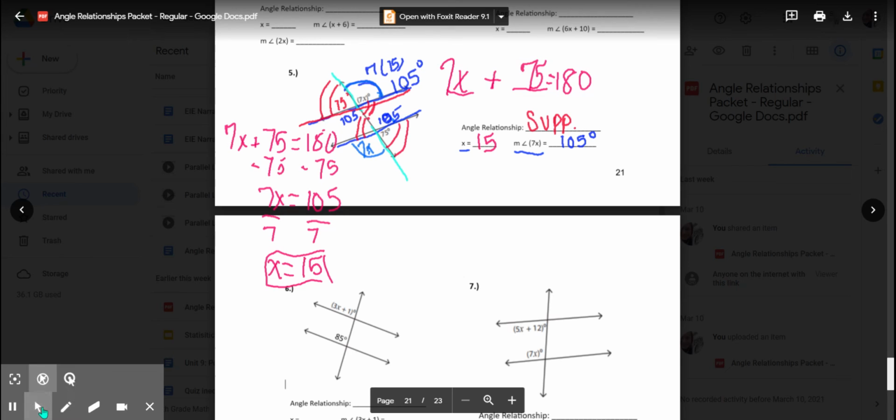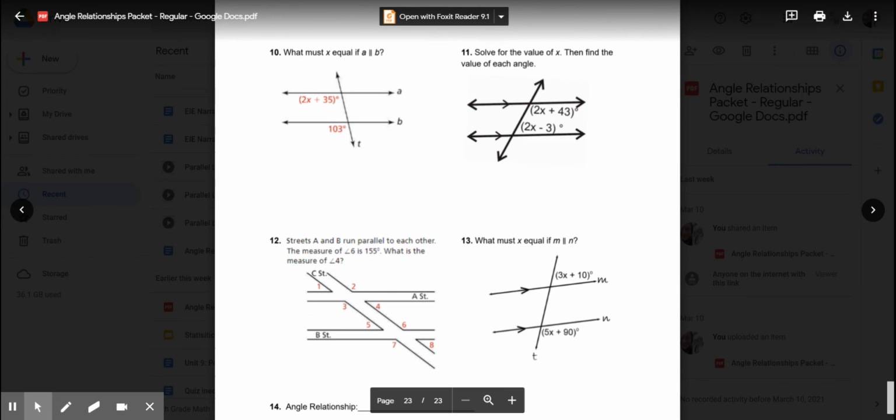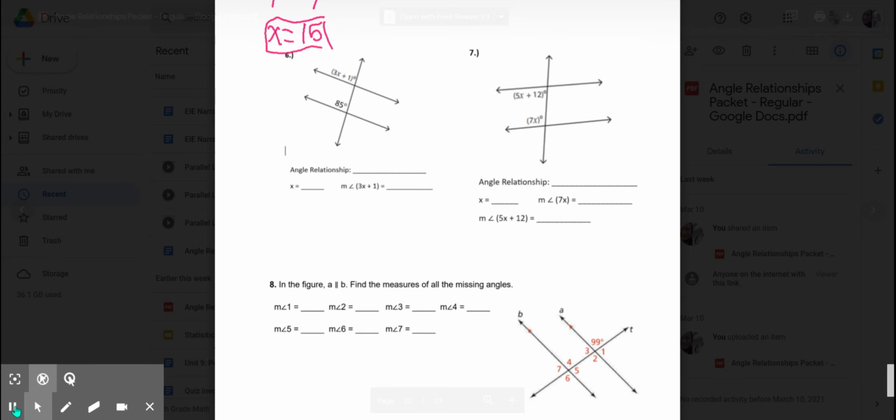Now, I'm not going to solve them, I'm just going to talk about them. Okay, I wanted to talk about number 6 and 7. So in number 6, again, parallel lines, and I look at this angle here. This angle on this parallel line corresponds to the 85 degree angle. They're in the same position on a different line. They're corresponding.